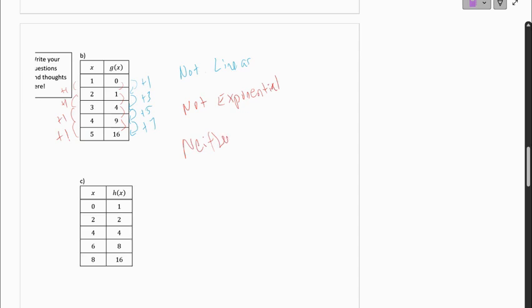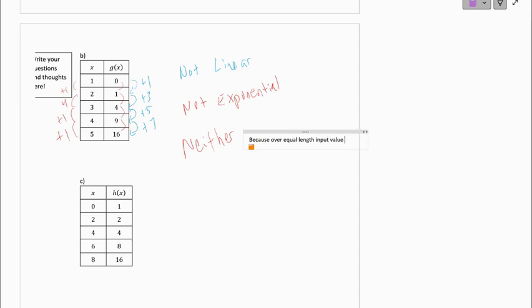So this one is neither, and our reason would be because over equal length input value intervals, the output values do not increase at a constant rate, which would mean linear.